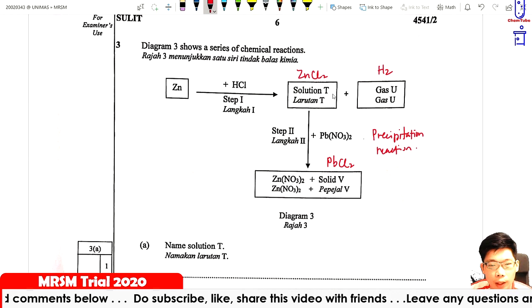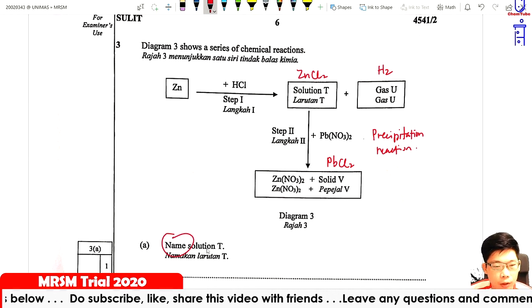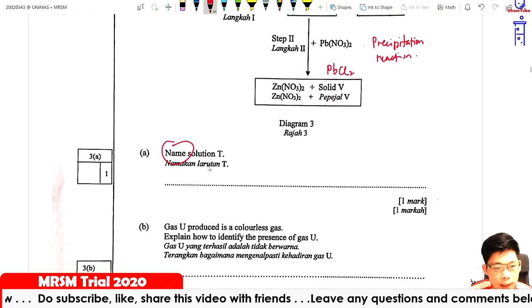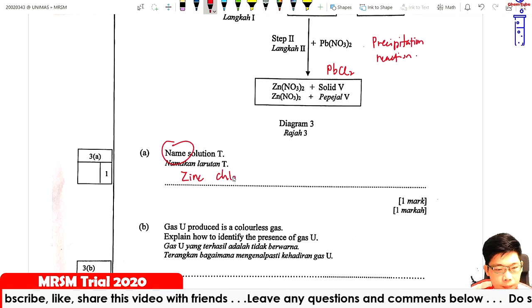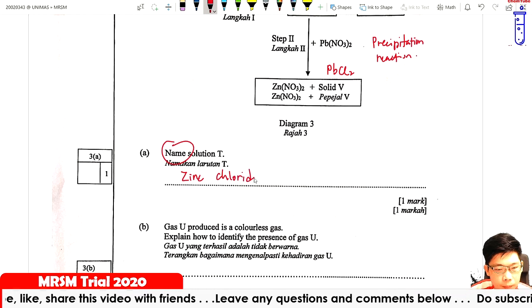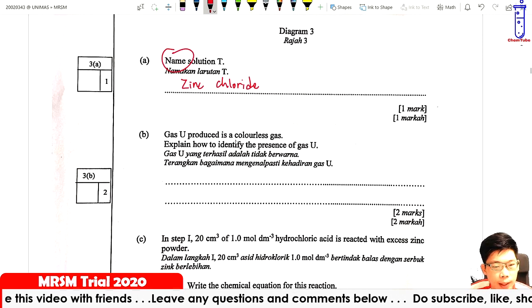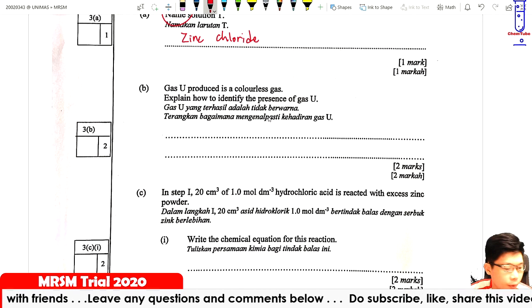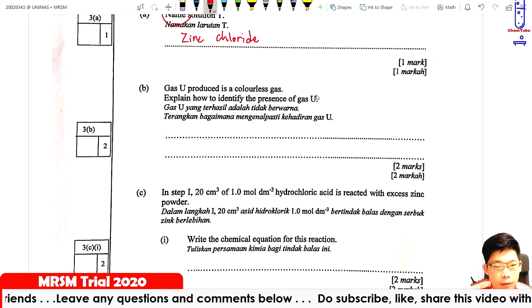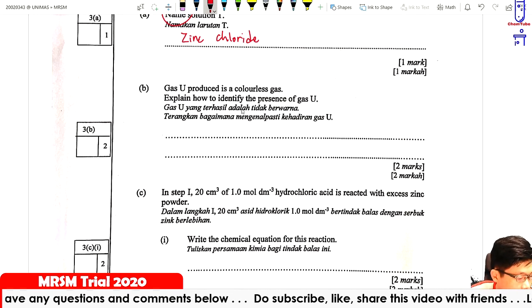Okay, so name the solution T. So you have to give the name. So it becomes zinc chloride. Okay, so the gas produced is a colorless gas. Explain how you identify the presence of U. So the gas U actually is hydrogen gas.